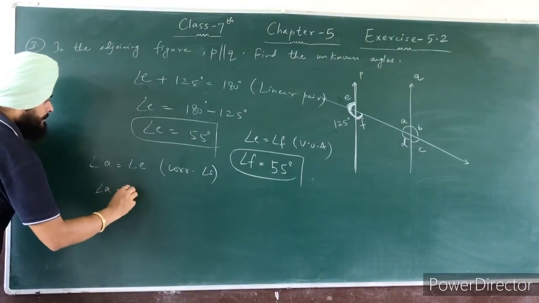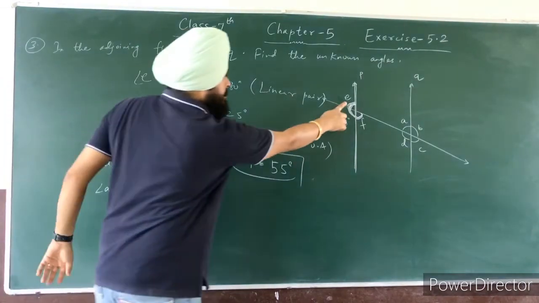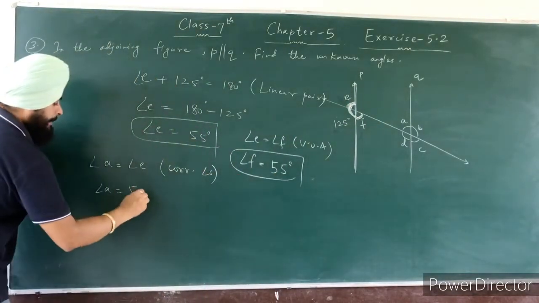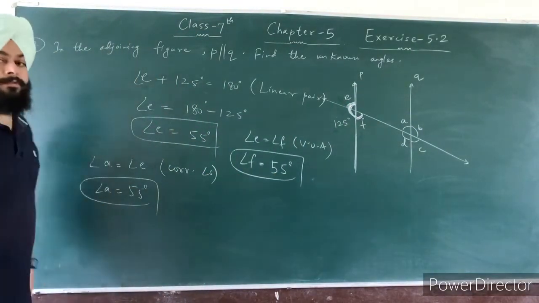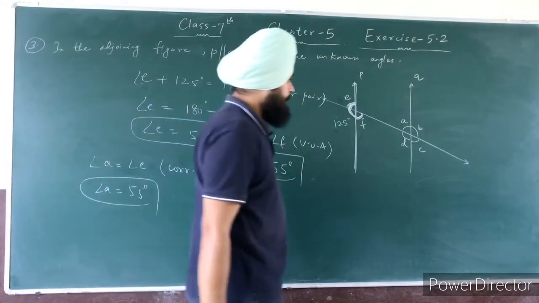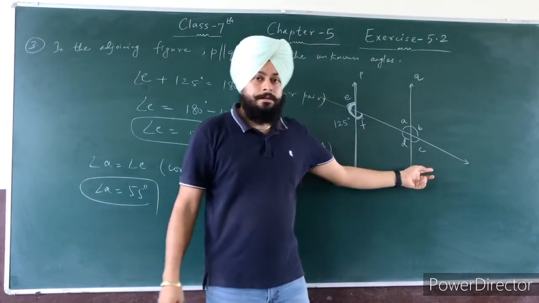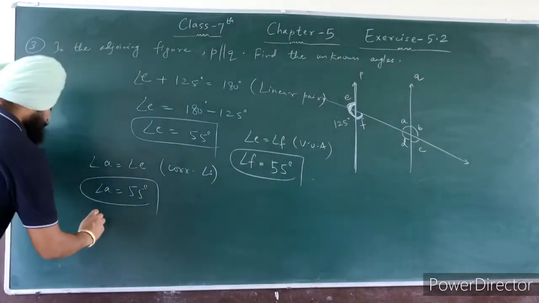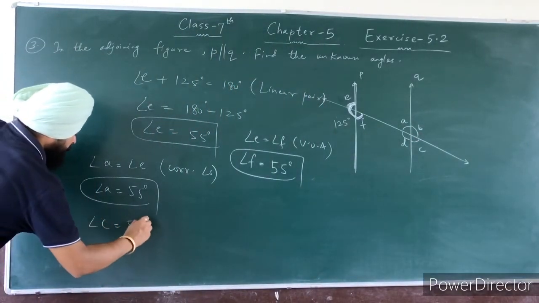Therefore, angle A is of measure how much? Angles E and F are the same, so angle A is also of measure 55 degrees. The next, this angle C is again a pair of vertically opposite angles. That's why angle C is also 55 degrees.